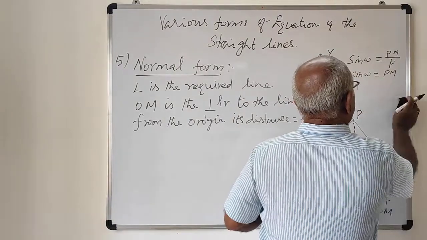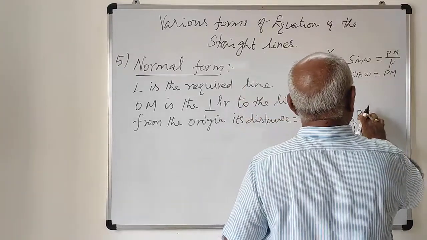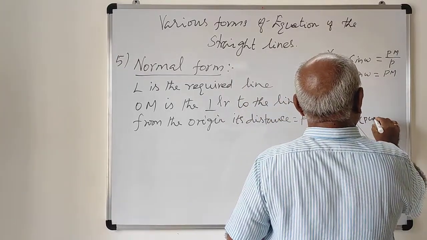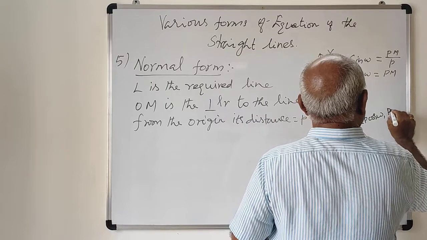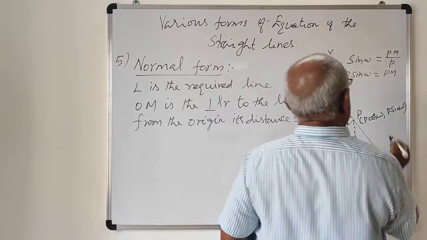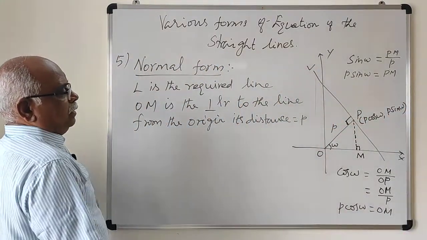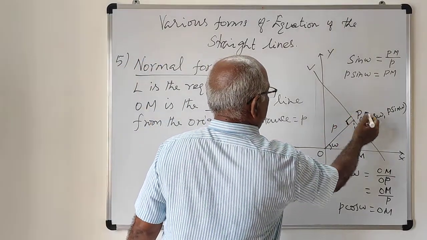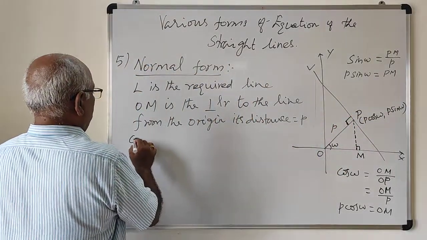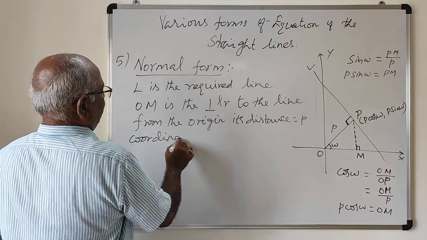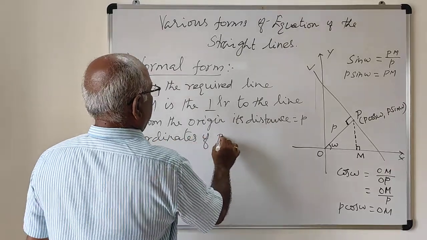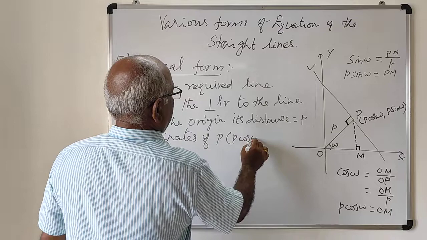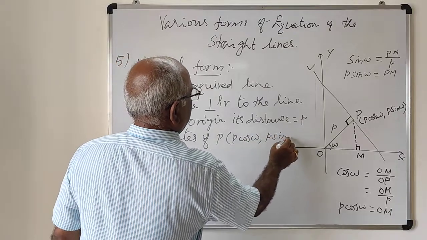So the coordinates of point P are p cos omega, comma p sin omega.